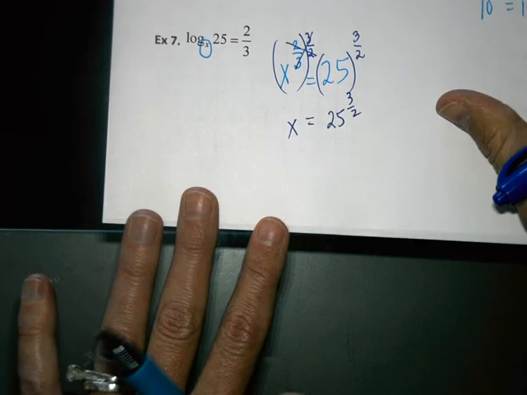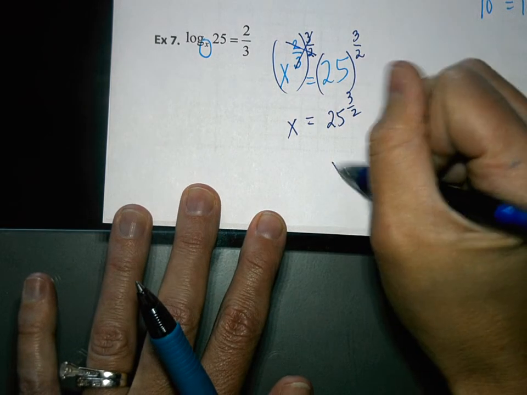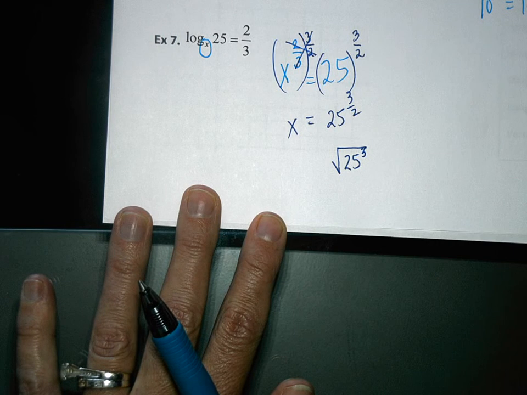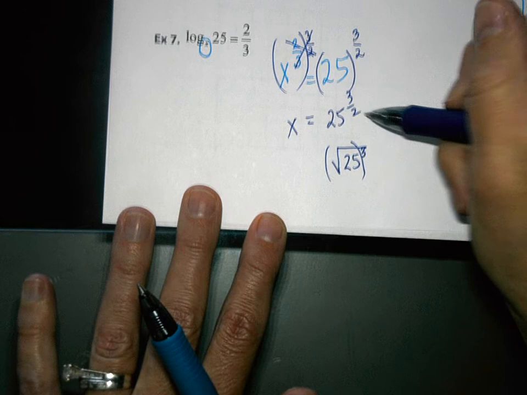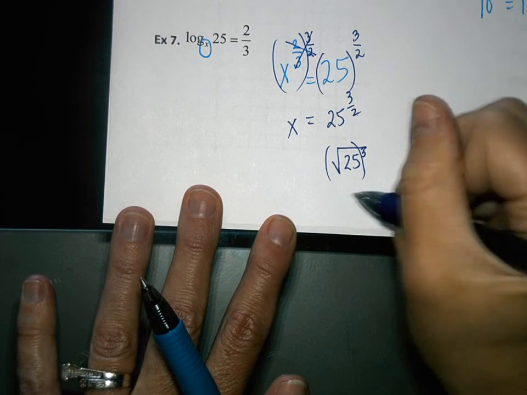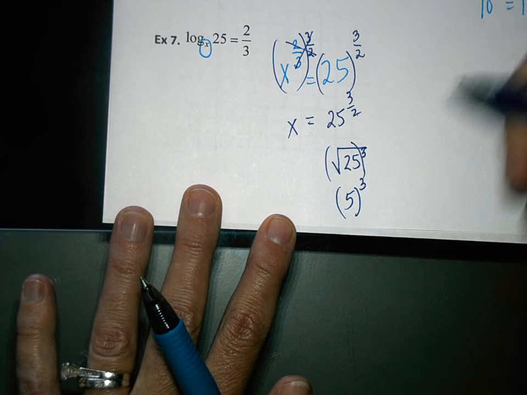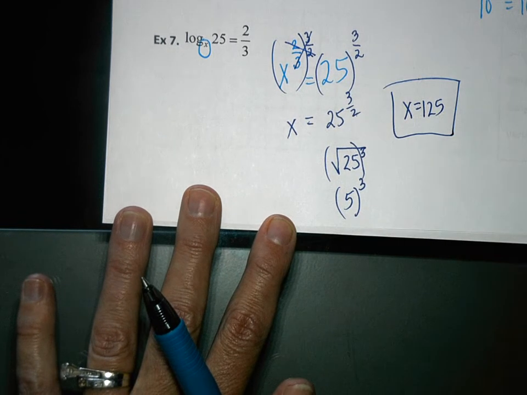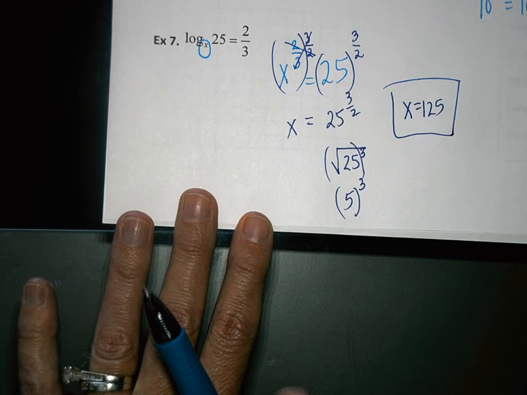This means the square root of 25 to the 3rd power. Remember, the bottom number is the root, the top number is the power. What's the square root of 25? 5. And what is 5 to the 3rd power? 125. Any questions?